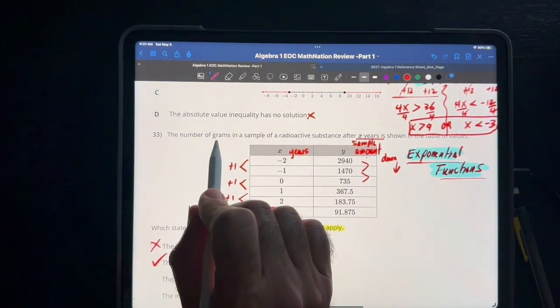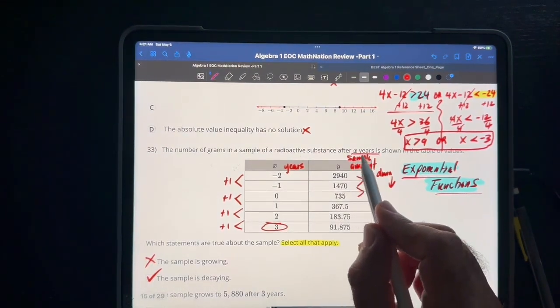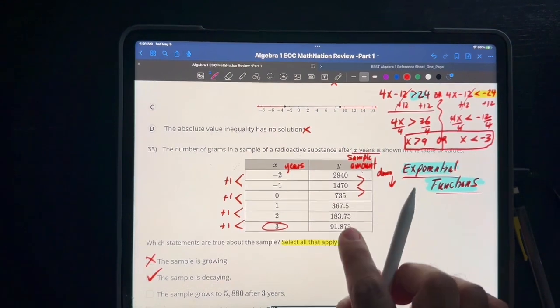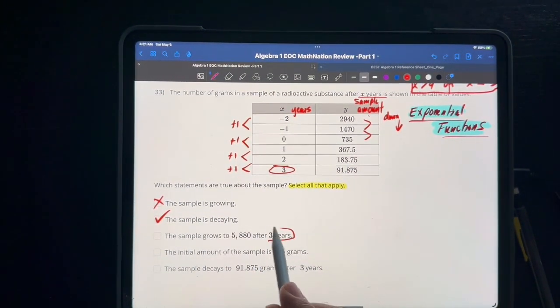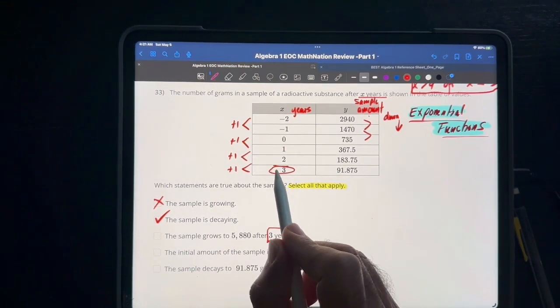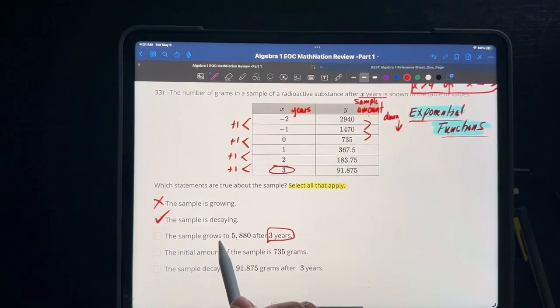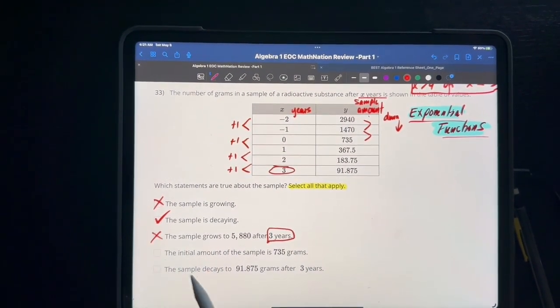I just read grams here and said, oh, X is grams. Please forgive me. Anyway, we have X years. After 3 years, let's look at 3. Here's 3 years. The amount is 91.875. And they're saying the sample grew to that amount. We know it's not growing, so don't pick that one.